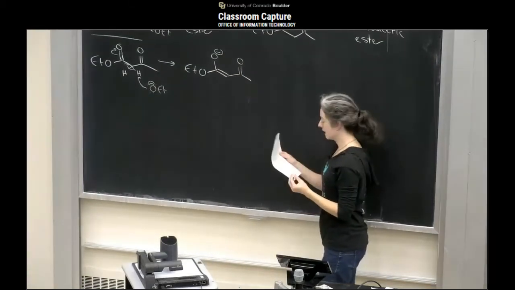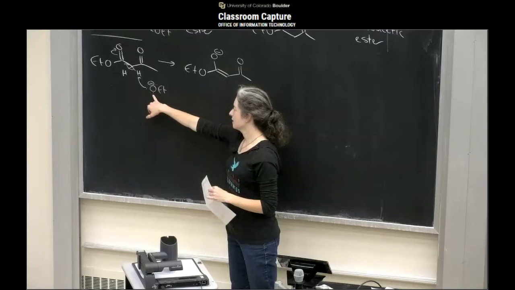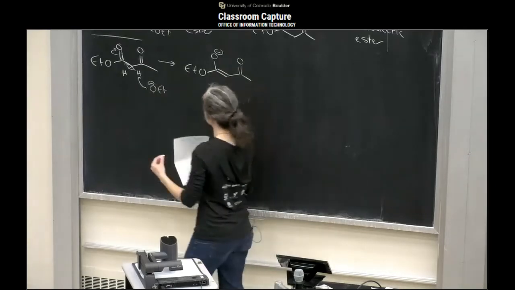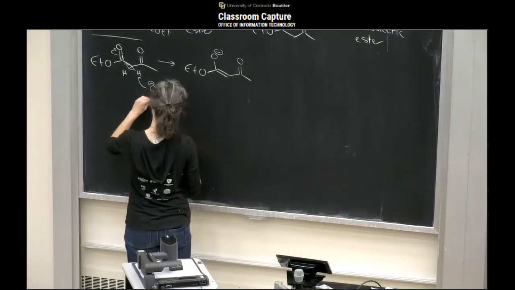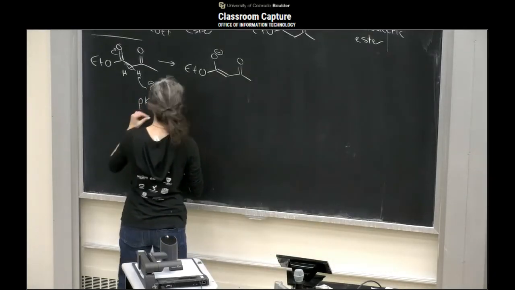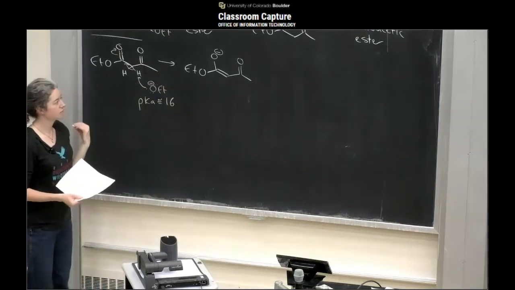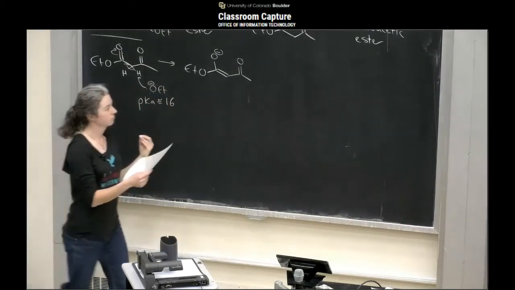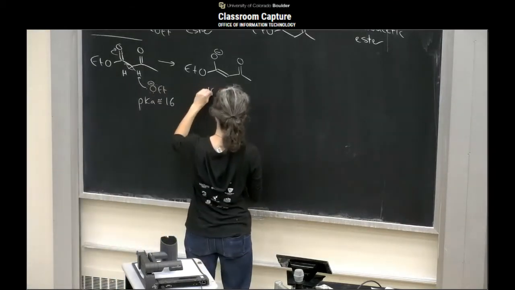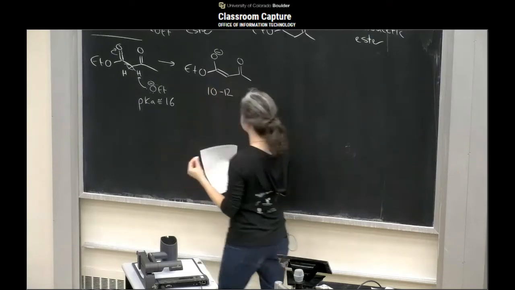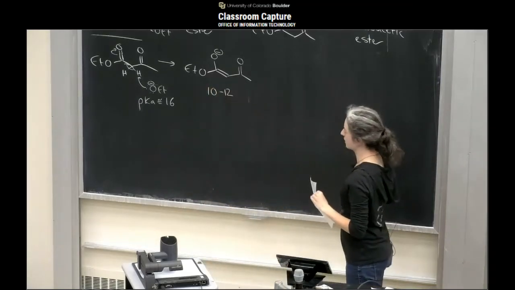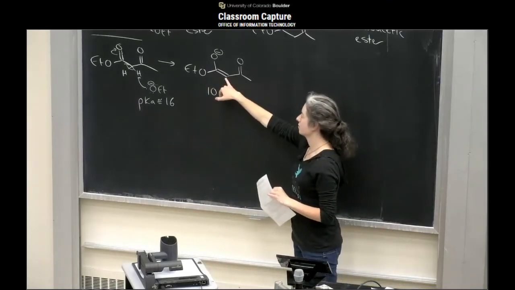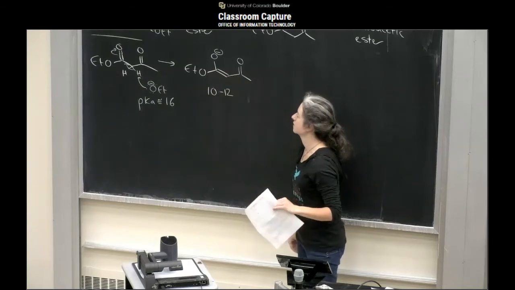Based on what we know of pKa's, the pKa of this thing is in the mid-teens, about 16-ish. The pKa of this thing is probably about 10 to 12-ish. I don't know for this exact molecule, but for this kind of doubly alpha carbon, it's usually in that range.